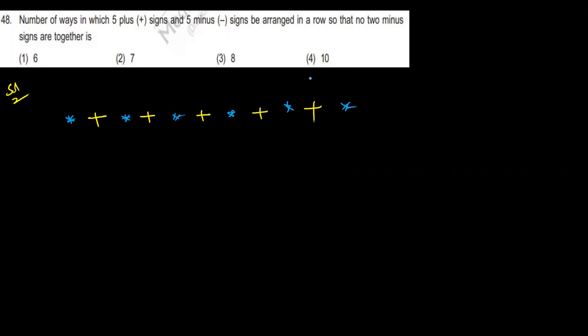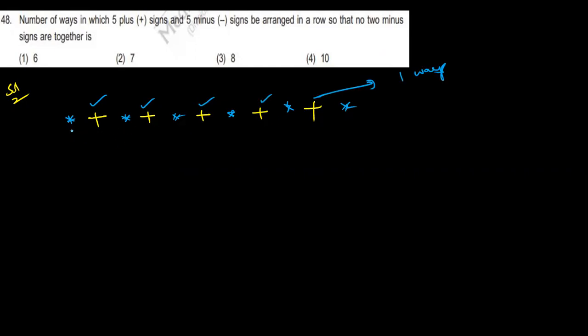What I'm saying here is I'm fixing plus symbols. One more thing, these are the same, meaning identical. So these plus symbols can be arranged in how many ways? Only one way. Be careful. And these minus symbols, how many ways can we arrange them?